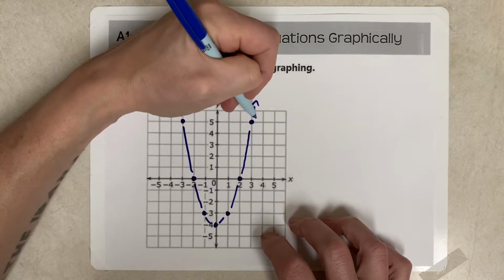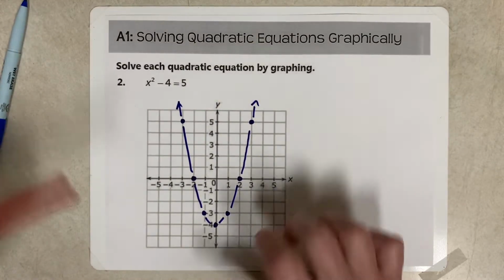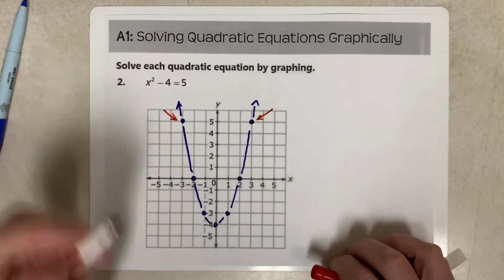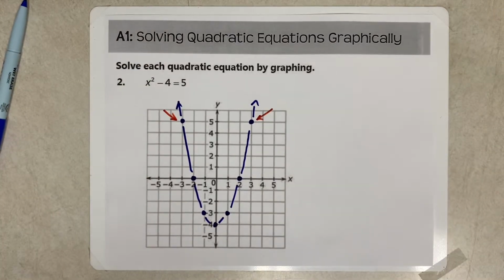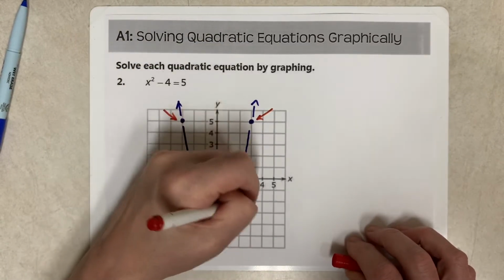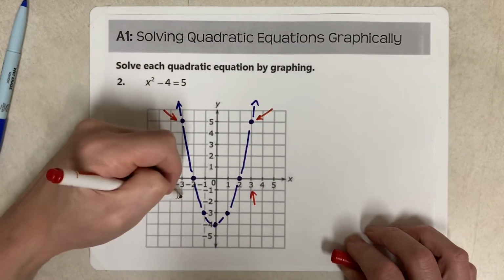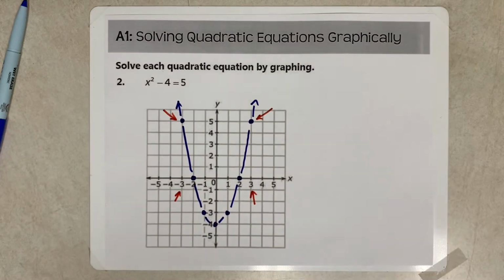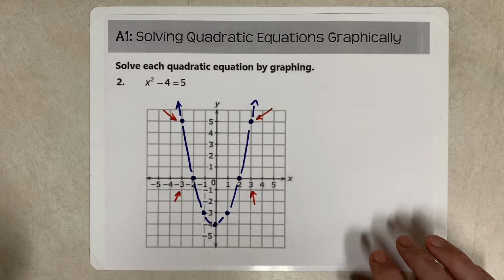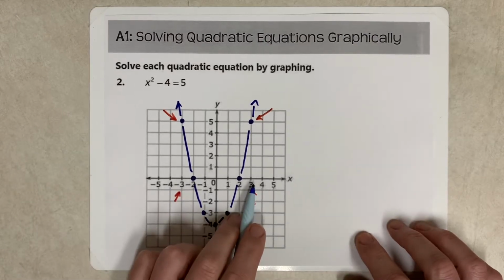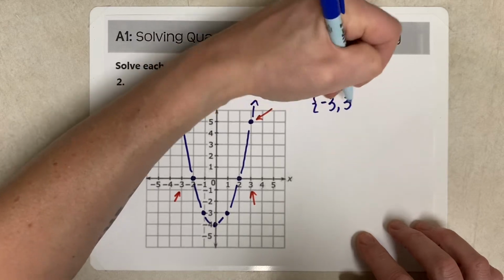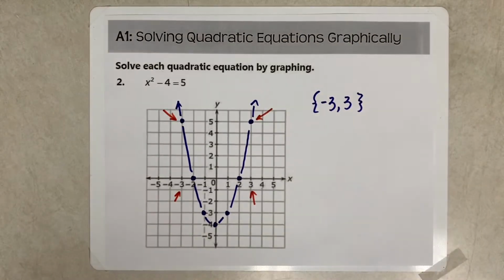And right here, let me use a different color, right here and right here are where both of those y values are equal to 5. Then we look at the corresponding x values where that happened, and it happened at 3 and -3. So our answers are -3 and 3. In curly brackets, -3 and 3 are the two solutions.